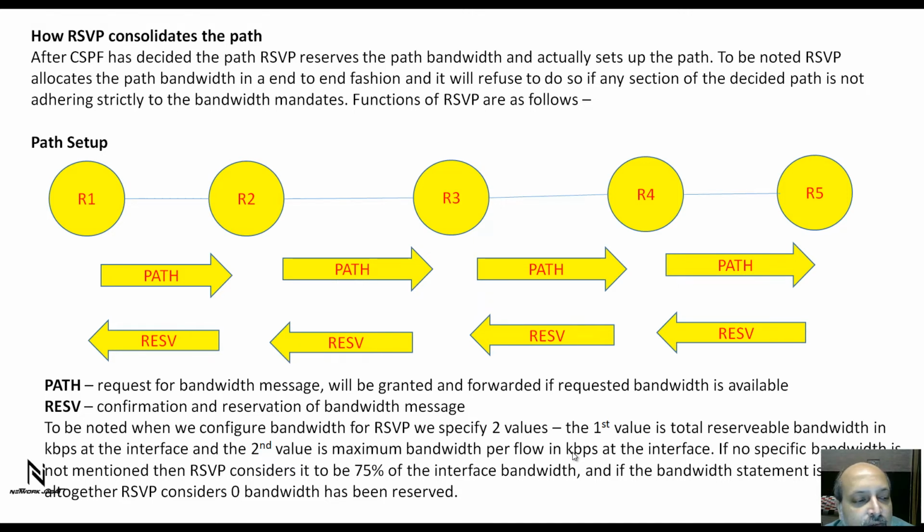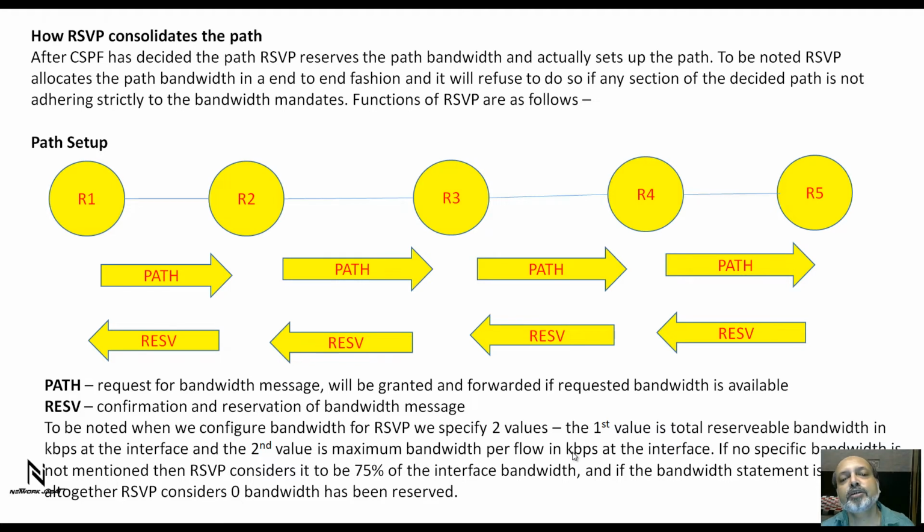If no specific bandwidth is mentioned, I have put two 'no's here by mistake, anyway, forget about these typing errors. Just think that I wished to say that if no specific bandwidth is mentioned, then RSVP considers it to be 75% of the interface bandwidth, and if the bandwidth statement is dropped altogether, then RSVP considers zero bandwidth reserved.